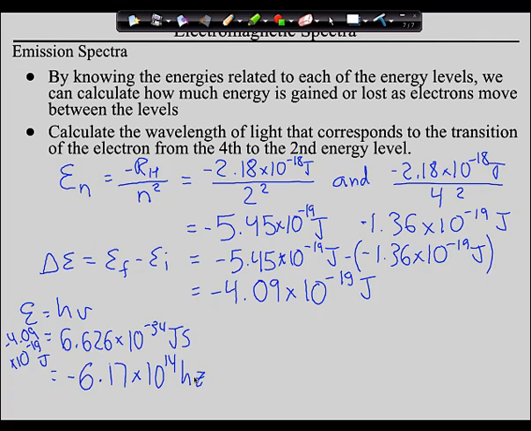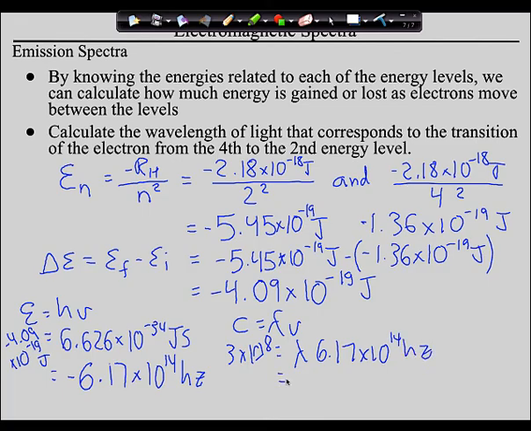Now guys, what are we going to do with the negative at this point? This is the point where I like to drop it off, because that negative sign simply means emitted. At this point, we understand that we're dealing with emitted light. We just need to know its frequency. So c is equal to lambda nu, or 3 times 10 to the 8th is equal to lambda times 6.17 times 10 to the 14th hertz.